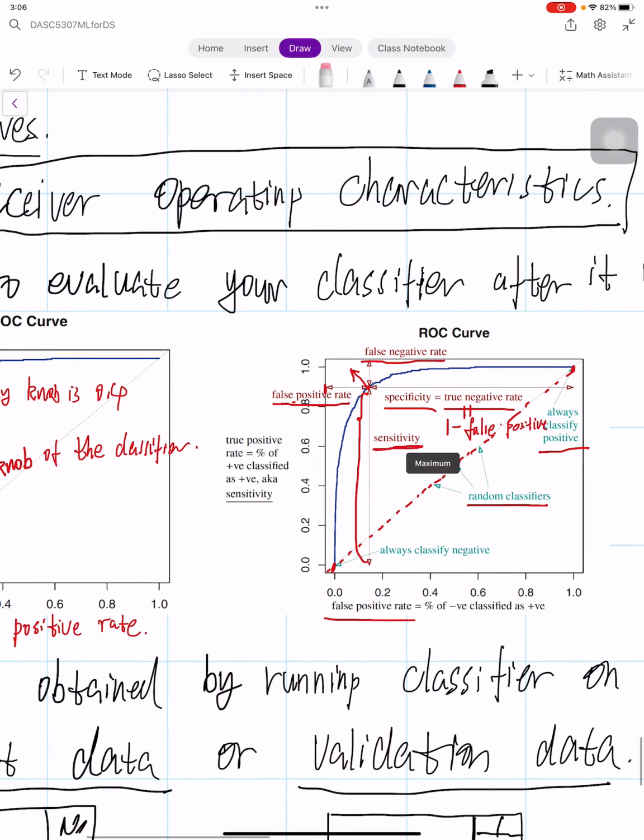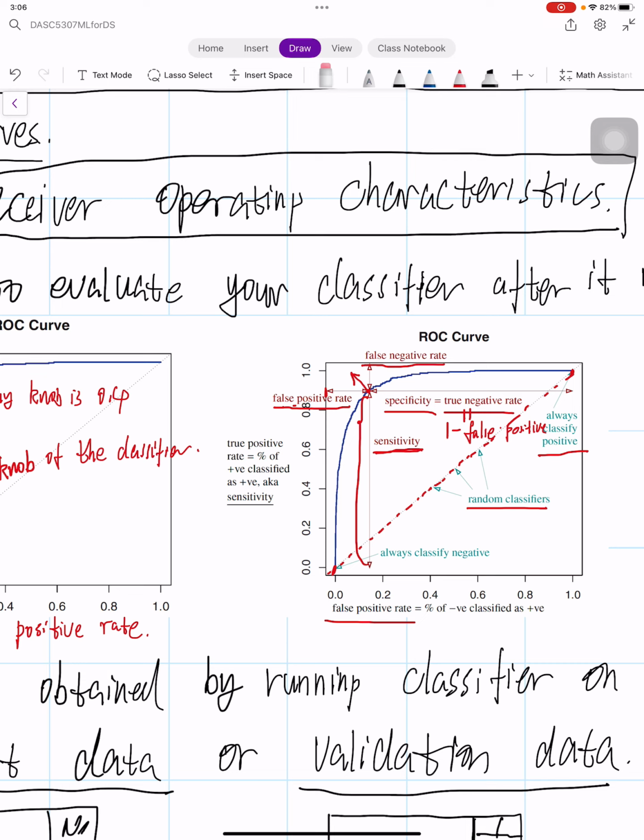Yes, because if you change the knob, for example if you move here, you could get a lower false positive rate, but you get a larger false negative rate. In practice, we want to find an optimum point such that both the false positive and false negative rates are small. Okay, I think that's all I want to talk about today. Thank you.